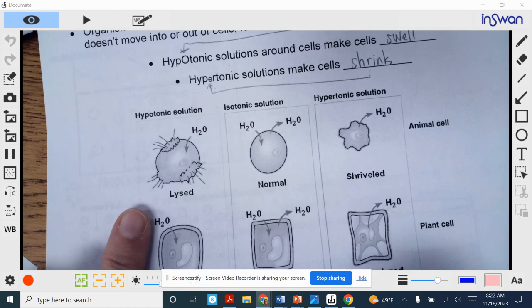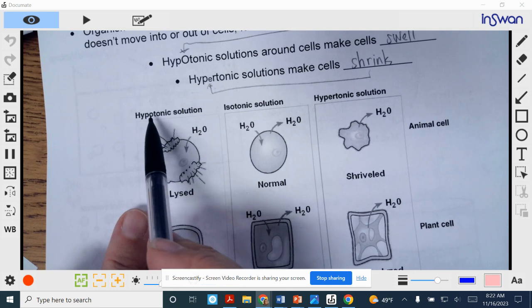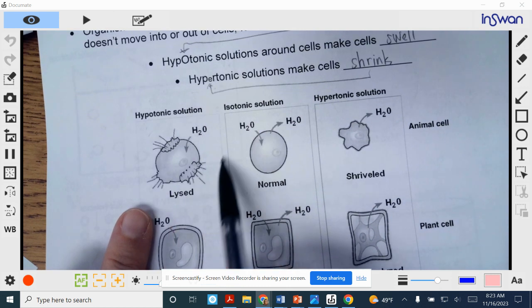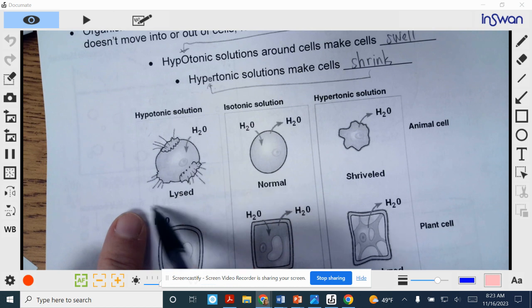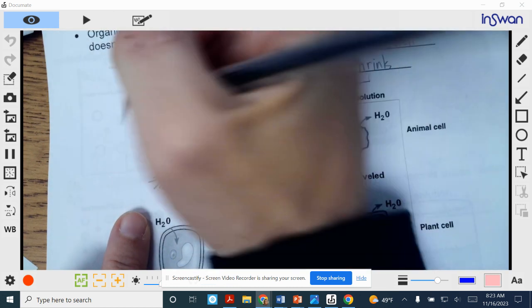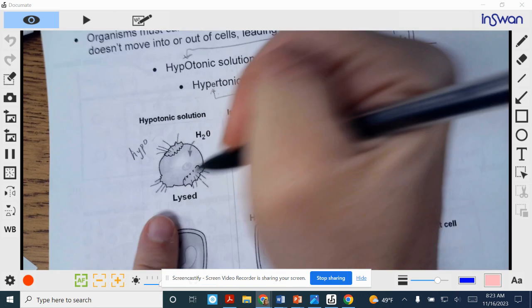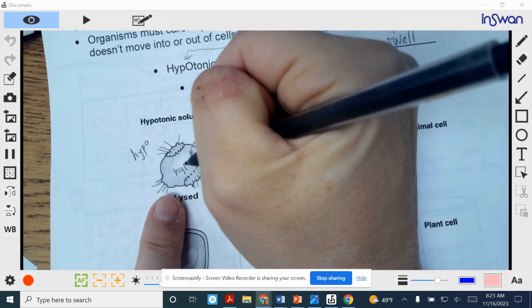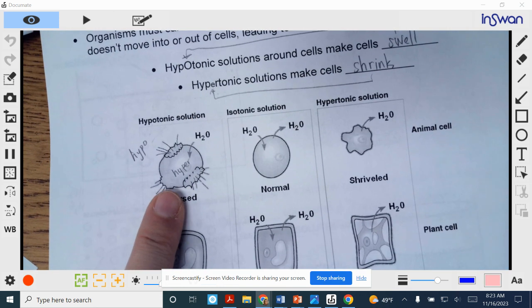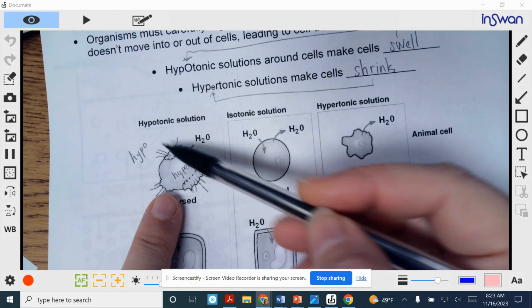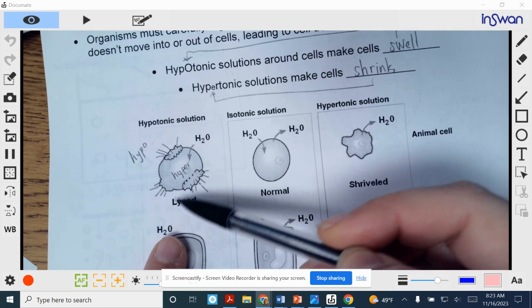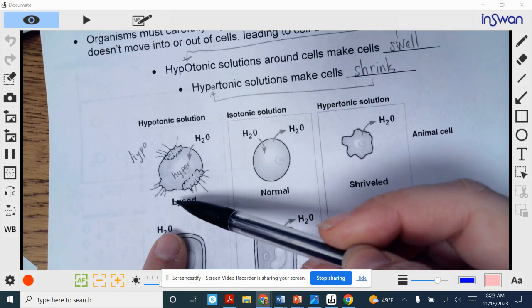Now, in a diagram like this, if it says that there's a hypotonic solution, right now they're talking about outside of the cell. If the outside of the cell is a hypotonic solution, then that means that the cell solution, that cytoplasm, which is water and solutes, is hyper in comparison. Water goes in, our cells can burst.